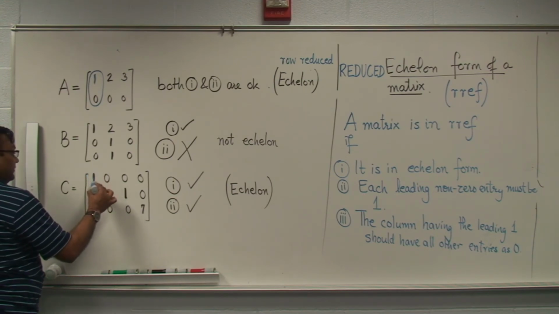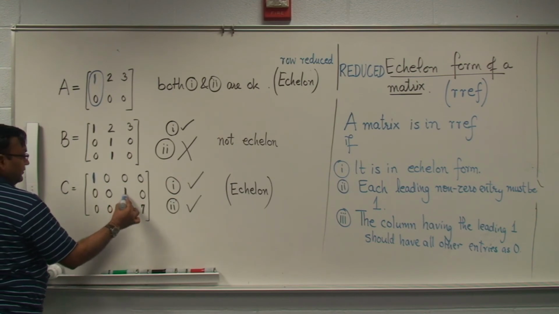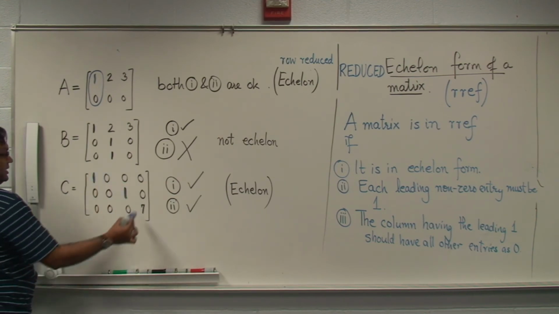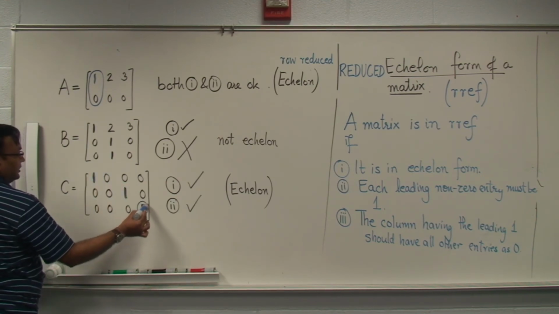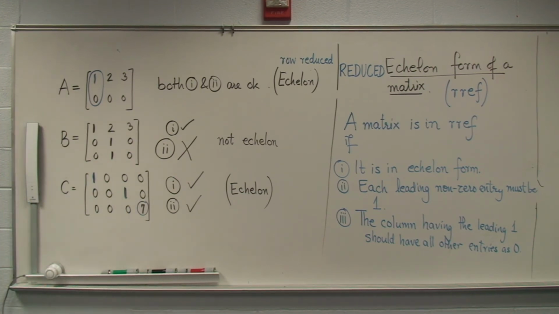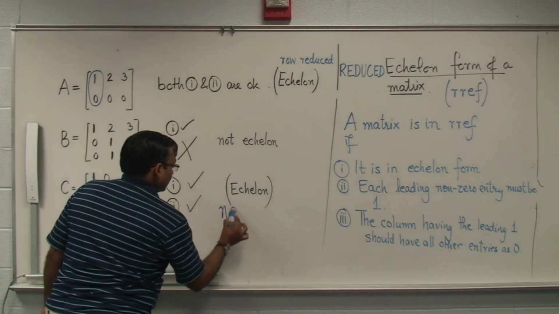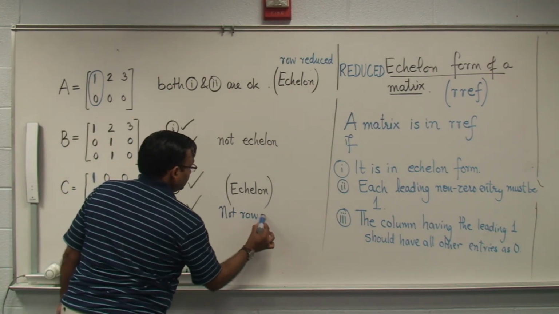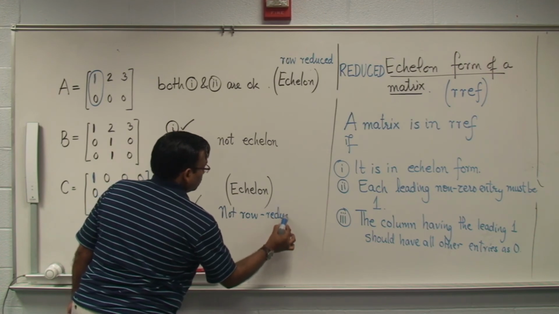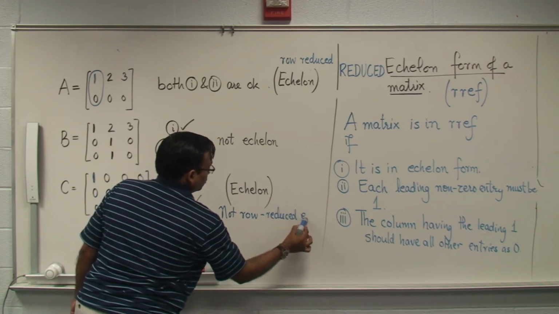So here we have a leading non-zero entry which is 1. Here we have a leading non-zero entry which is 1. But here, the leading non-zero entry is not 1, and hence it is no longer a row reduced echelon form. So it is not row reduced echelon form.